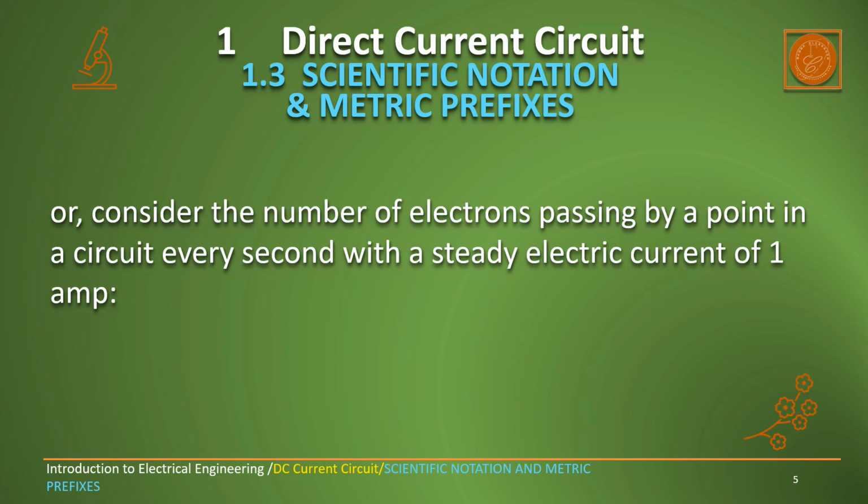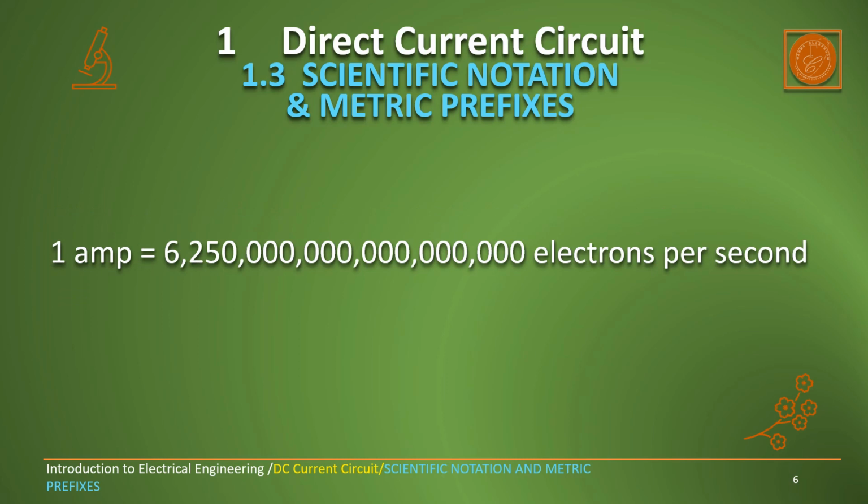If you are interested, please check the previous video from Gamma Classroom. 1 amp is equal to 625 followed by so many zeros electrons per second. It's a lot of zeros.